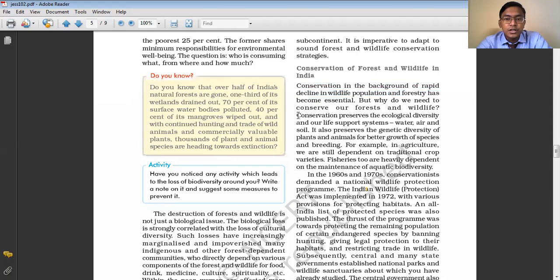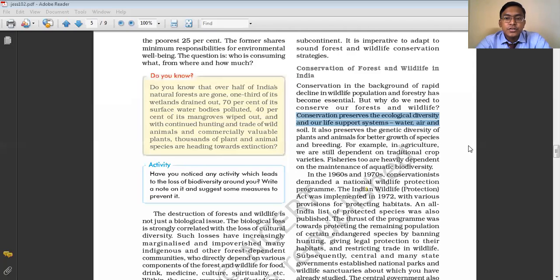So why do we need to conserve this? Conservation is required because it helps in preserving the ecological diversity and supports our life support systems, such as water, air, and soils.